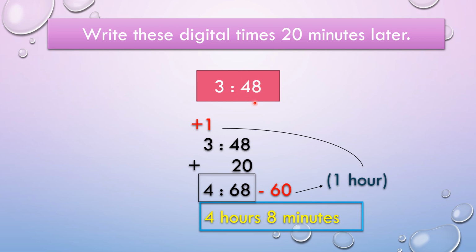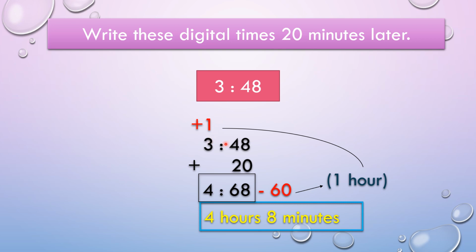Now, write this digital time 20 minutes later. Hour, minutes. Always remember, you have to plus. Later means after. Before means you have to minus. After means you will plus, correct? After and later are the same thing, plus.